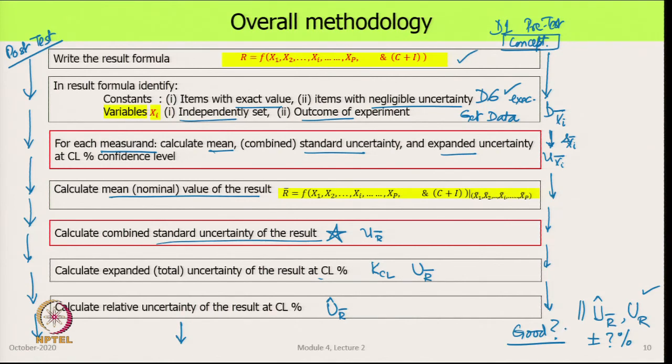So, now we have to do the backward calculation. We have the result formula, and we have some of the bxi bars known, some of these not known.